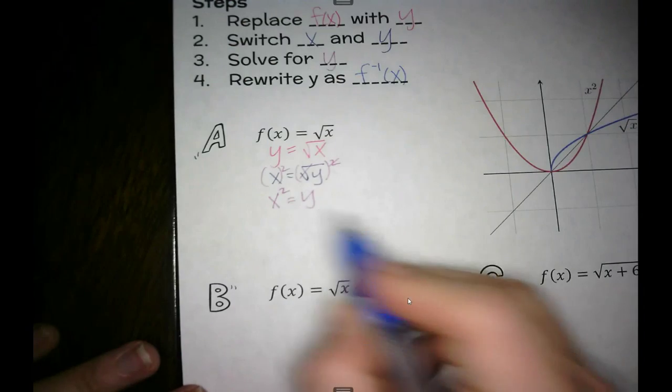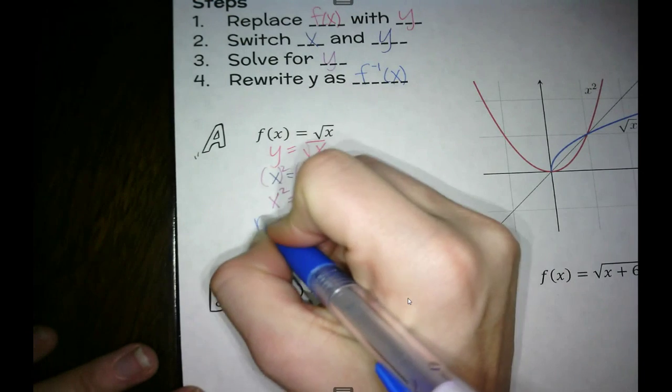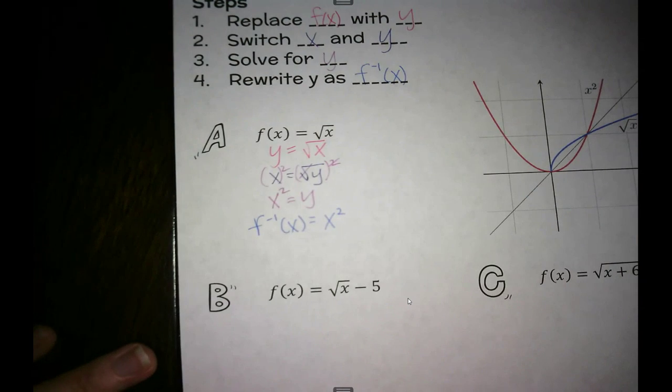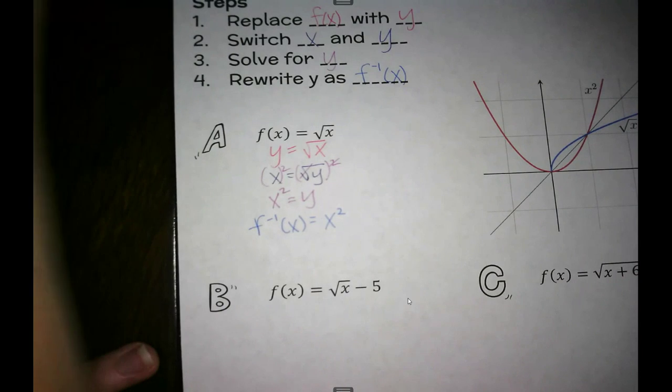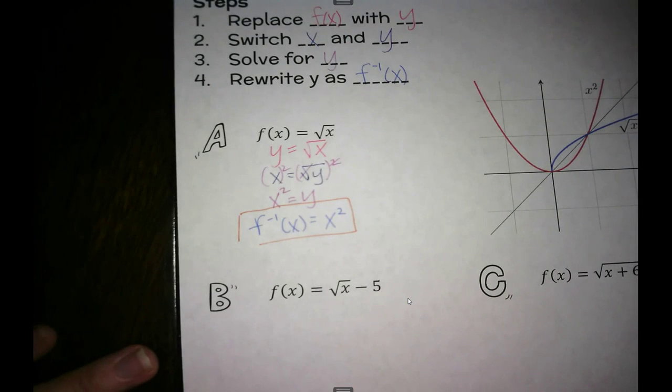So we got y by itself. We're done. So we can rewrite that y as f of negative 1 of x equals x squared. And that is our final answer.